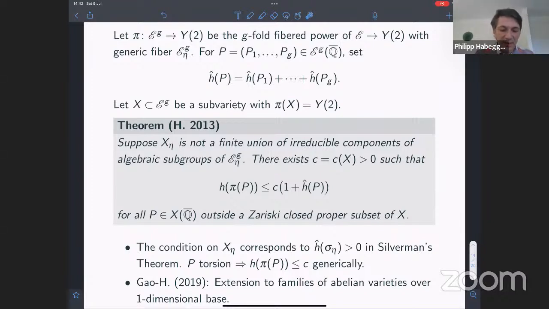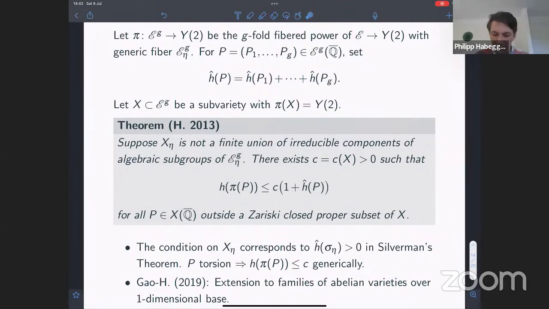So now X is a subvariety of E^g of any possible dimension. I'm going to assume that it's not trapped in a fiber, so it dominates the base. And then there's also a condition on what happens on the generic fiber. On the generic fiber, X is not allowed to be essentially a union of components of algebraic subgroups.